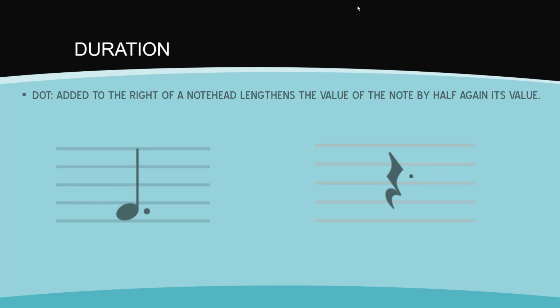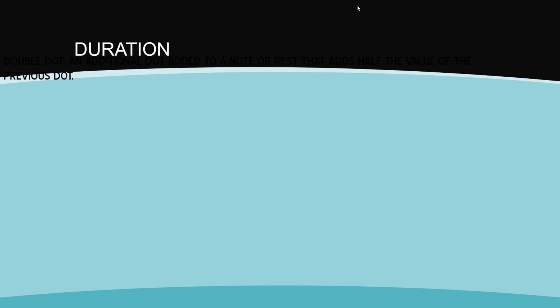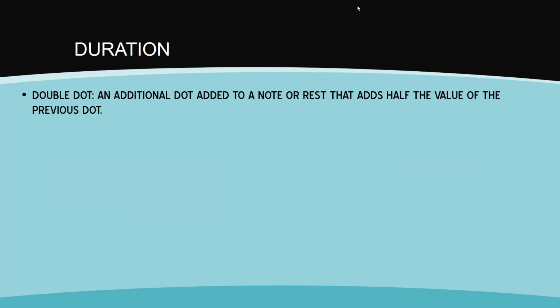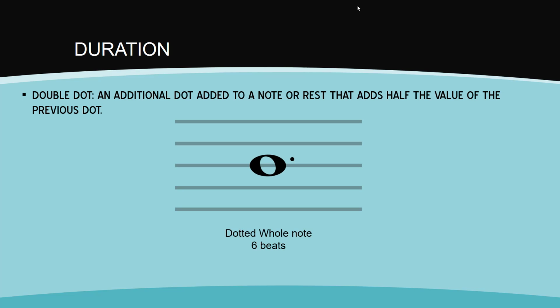A double dot works with the same half-life principle described earlier. Each additional dot added to a note or rest adds half the value of the previous dot. For example, let's double dot a whole note. The first dot added half the value back to the note being played. A second dot adds another half of the half, or a quarter, of the value back to the note being played.